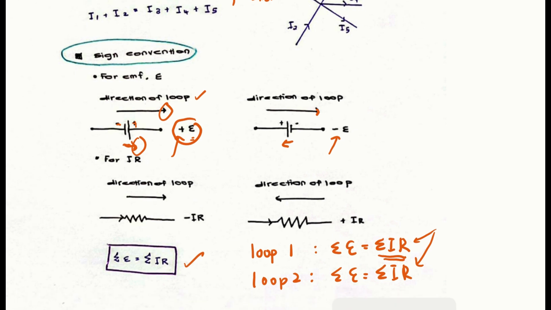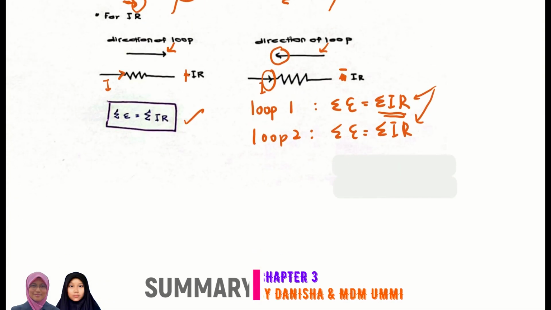If the current flows in the circuit in one direction and the direction of the loop is opposite, your term here must be negative. And if the direction of the loop is the same as the direction of current, your term IR here must be positive. So that is Kirchhoff's law.